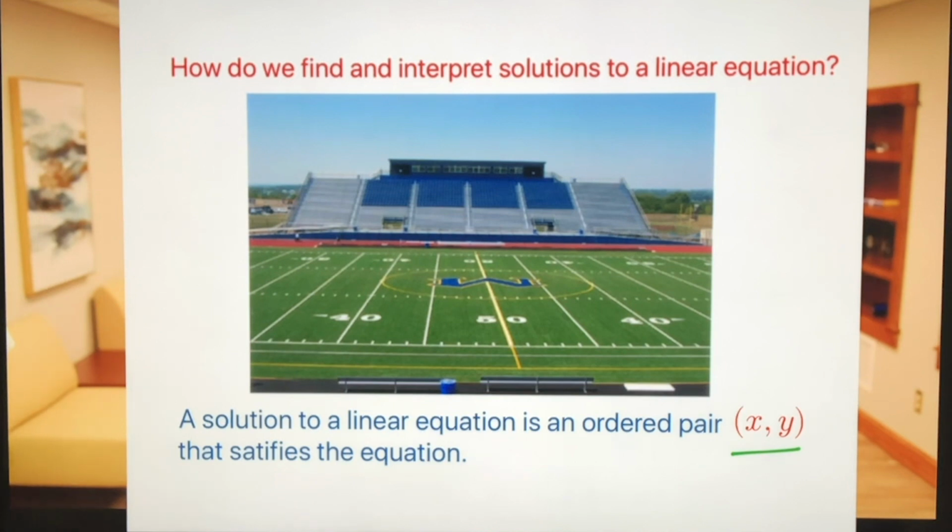Meaning that if we substitute these values for x and y into the equation ax plus by equals c, we arrive at a true statement. Graphically, these solutions are points on the graph of the equation. They are points on the line.